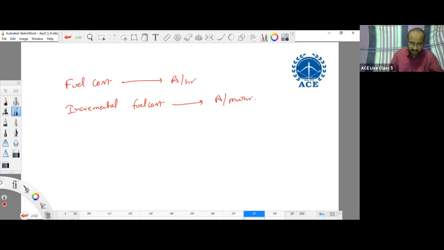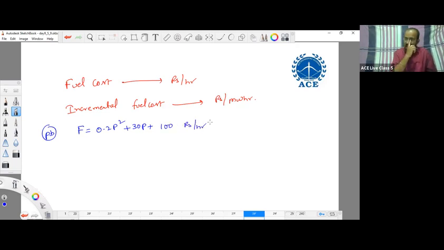Let us take one problem. Suppose the fuel cost equation is given as 0.2 P square plus 30P plus 100. This is the fuel cost equation.